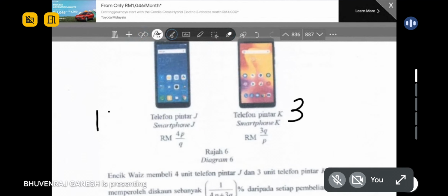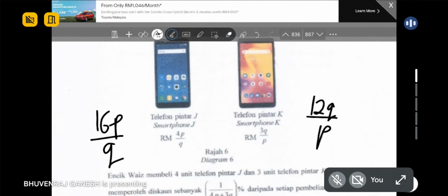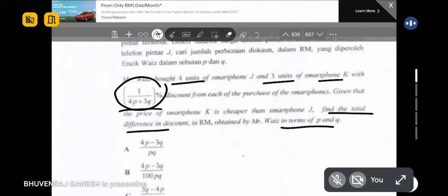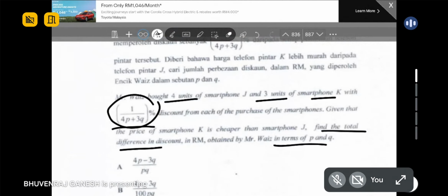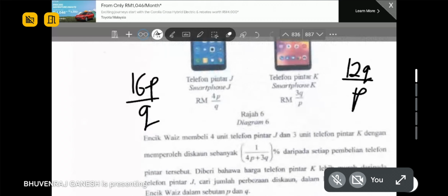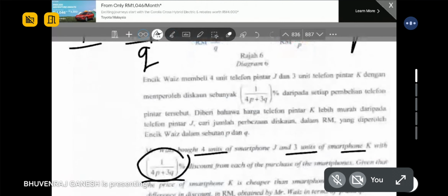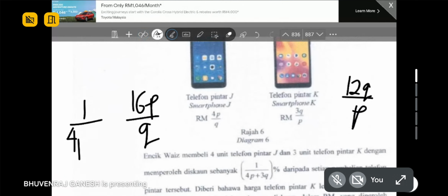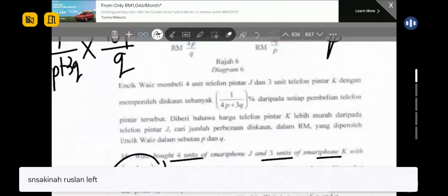Okay, so yang ni akan jadi 16P over Q. Yang ni akan jadi 12Q over P. Darab 4 harga dia times 4. Okay, and then discount. So discount 1 per 4P tambah 3Q. Okay. Times harga dia. Kena darab lah.